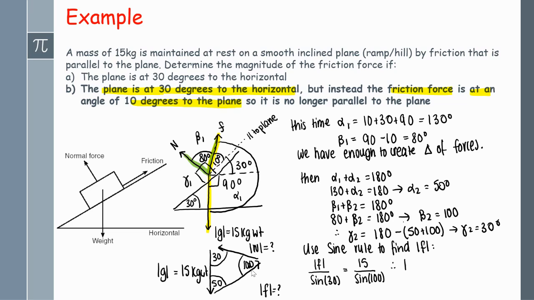We know the magnitude of gravity is 15, and then we just rearrange. In the exact form, we get 15 sine 30 over sine 100. Of course, in the exam, you can simplify this.